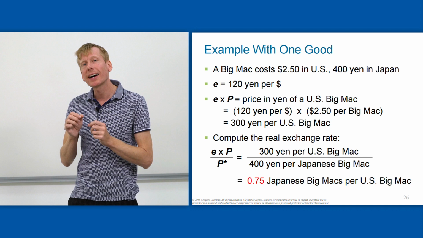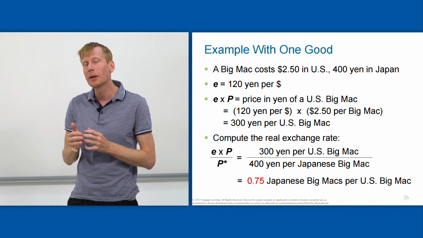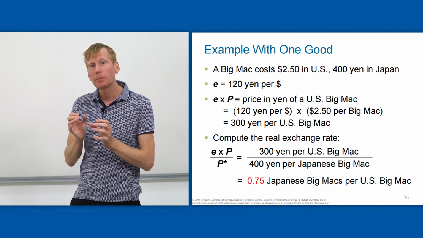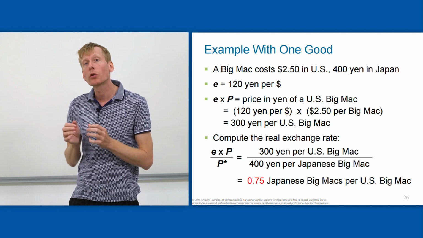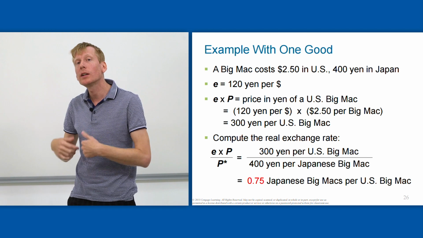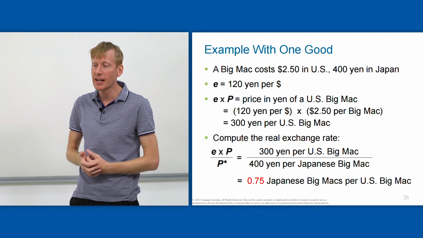Now, E times P would be the price of a US Big Mac as measured in yen. So to get that Big Mac, you need $2.50. In order to get that Big Mac with yen, you need to exchange enough yen to get $2.50.